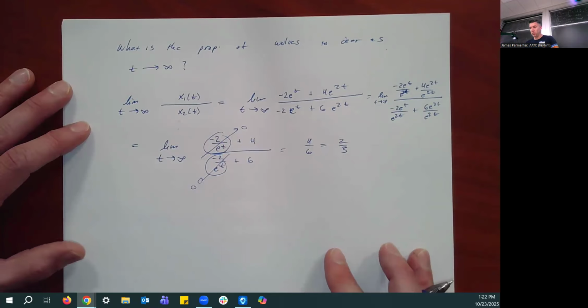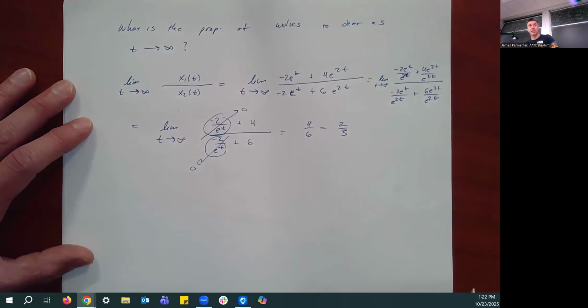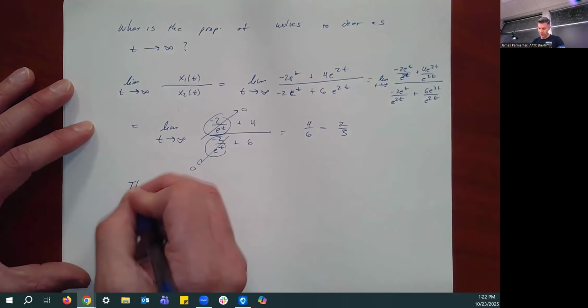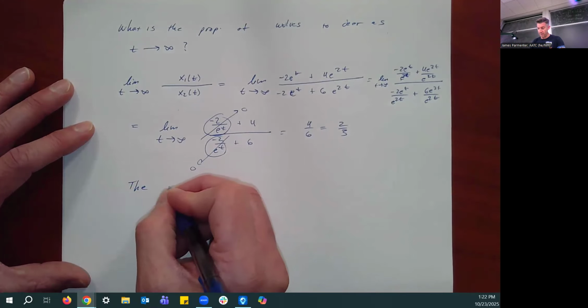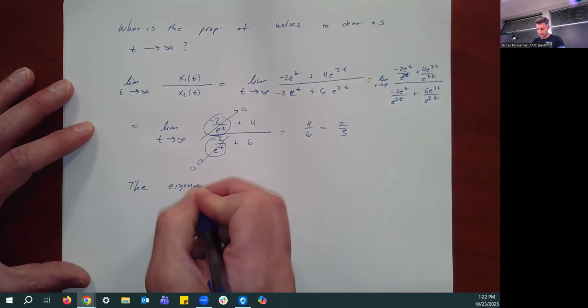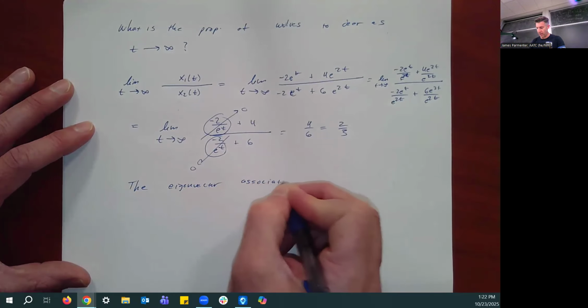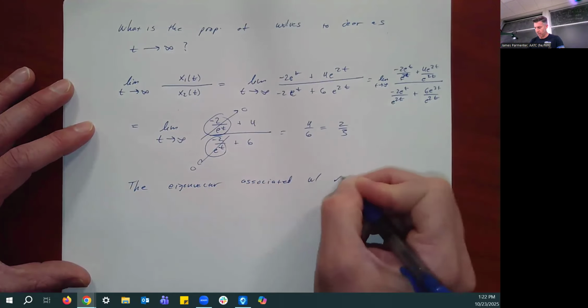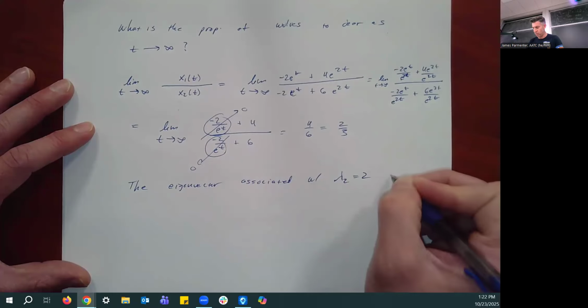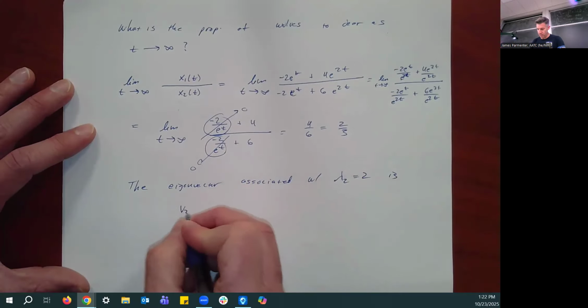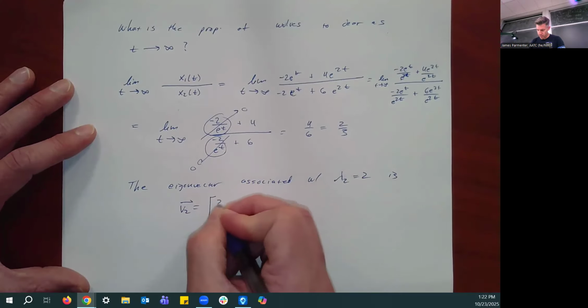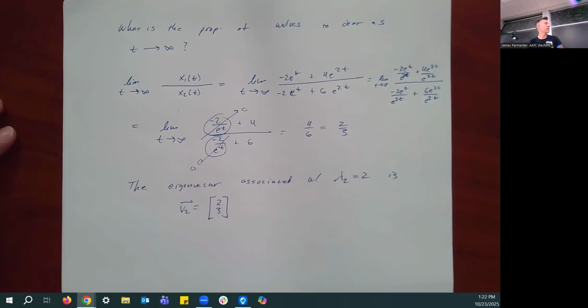I'll remind you, and this is not a coincidence, that the eigenvector associated with the larger eigenvalue, lambda 2 equal to 2, is V2 equal to (2, 3). It's not a coincidence. Here's what's true.